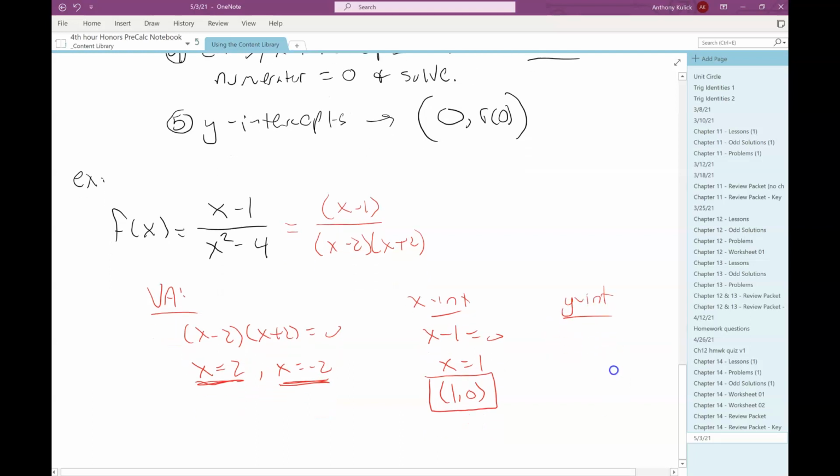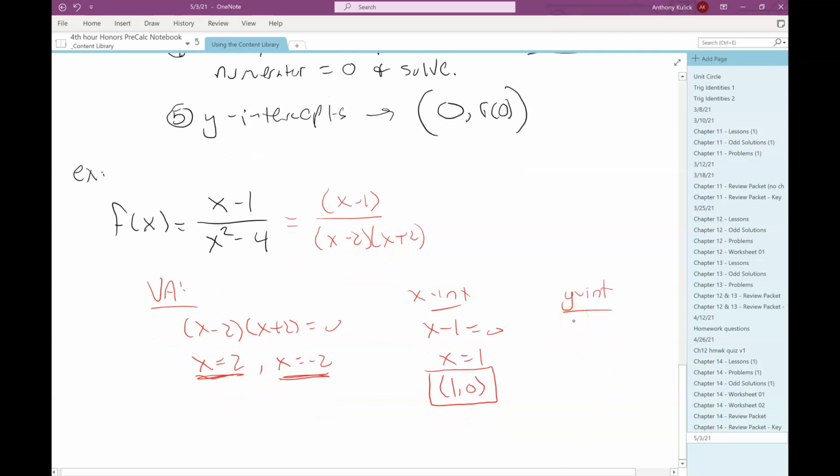My y-intercept is just plugging 0 in for x. So that gives me 0 comma 1/4. I'm just going to write it as 0.25 since I'm going to graph this. It's a little bit more natural to place a decimal than a fraction. Although 1/4, not that big of a deal.